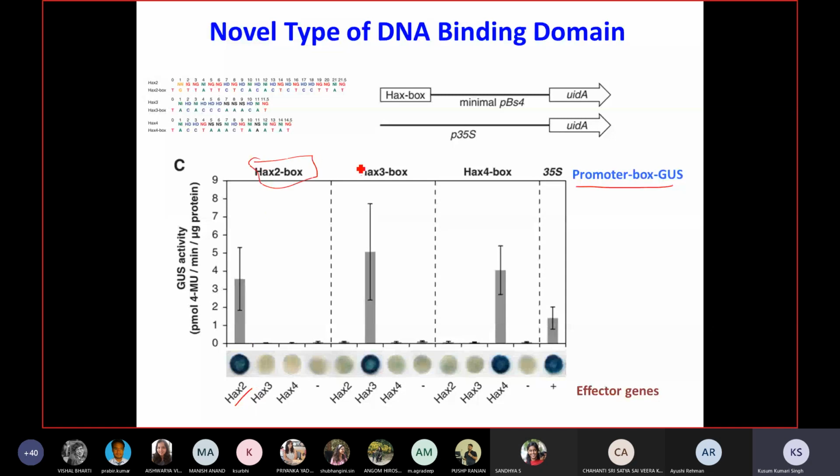It will not induce the HAX3 box, as you can see here. There is no induction here. So only when HAX3 effector is infected, then you have upregulation of genes which are based on the HAX promoter boxes. So these kinds of experiments prove that it is a cognate pair that is working, and what the direct targets of the HAX box are.